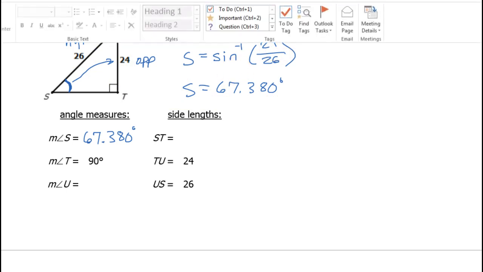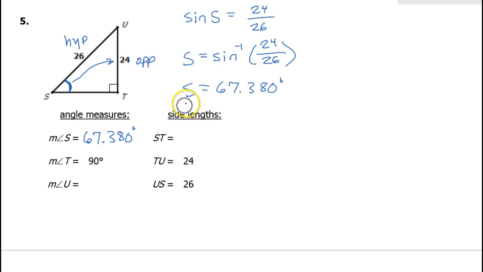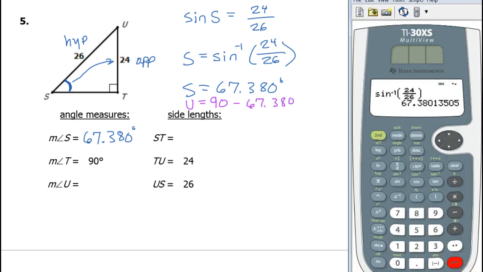So angle U should equal 90 minus 67.380, so 22.62.